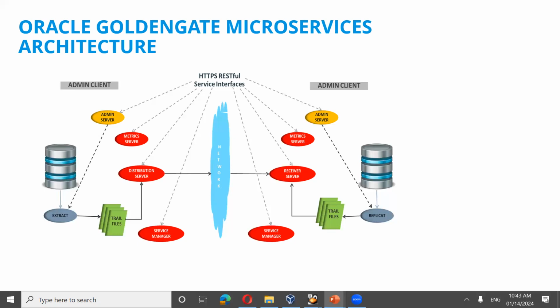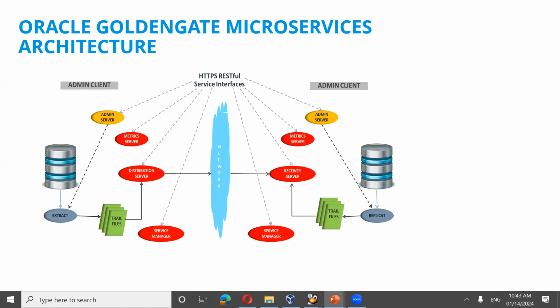All the configuration you do is done under the administration server, where you configure the Goldengate extract process, which writes the data to the local trail. Now in microservices architecture, you don't have any data pump process.